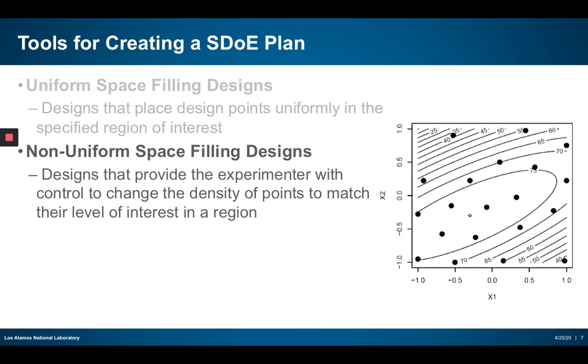And what we've done is we've taken those contours and translated them into a different density of points throughout the region. You can see that there's a higher density of points near the top of the mountain, and then we still have space filling as we move down the slopes of that mountain, but there are fewer points allocated there. And so that's a tool that we have available.